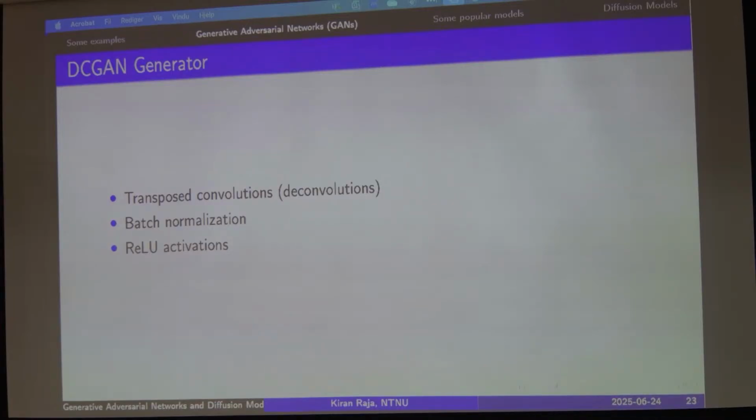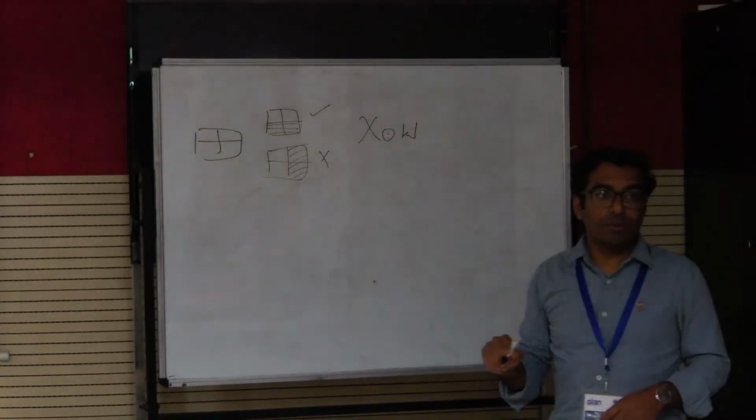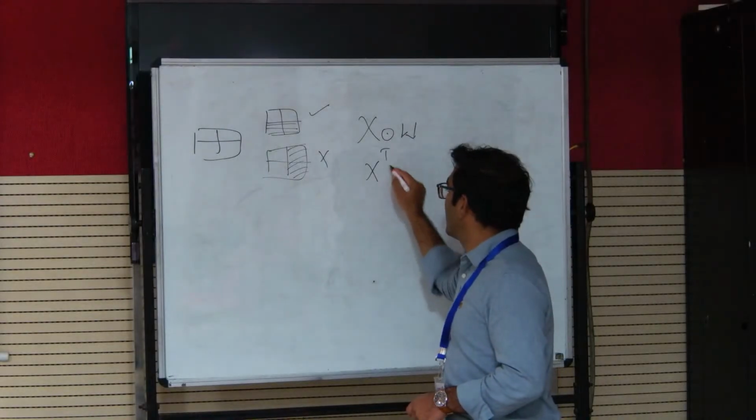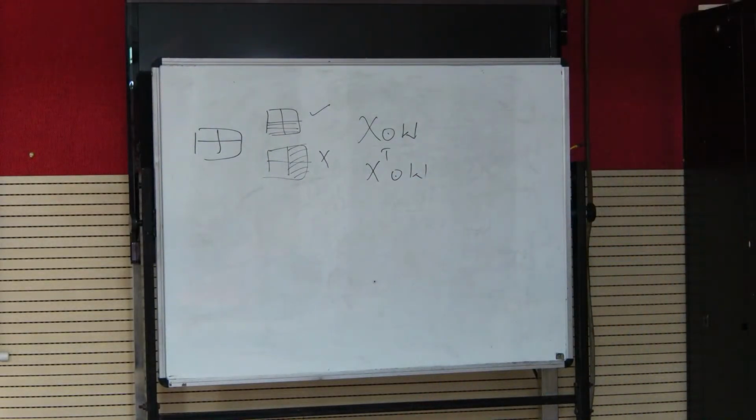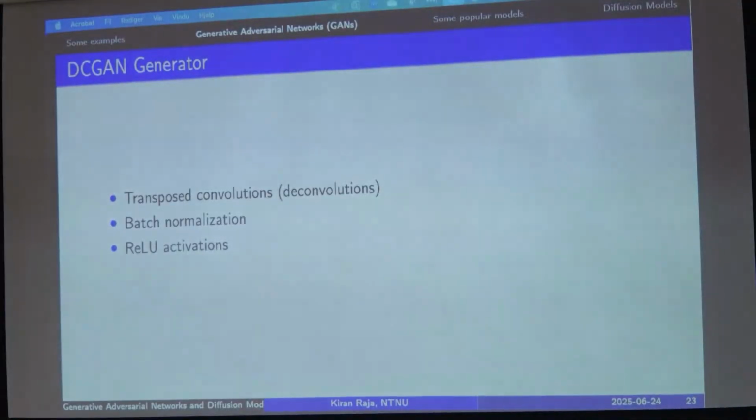So instead of doing this convolution x times w, you're going to do x transpose w, right? So it's just a way of computing convolutions. Again, you should really not worry about these things, because there are a lot of new tools available, and a massive amount of openly available code that you can take a look at. But the key goal is to understand the ideas behind them.